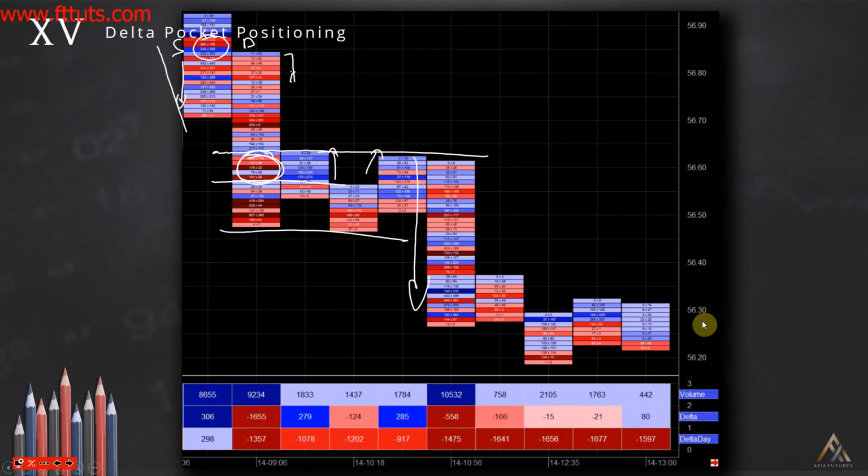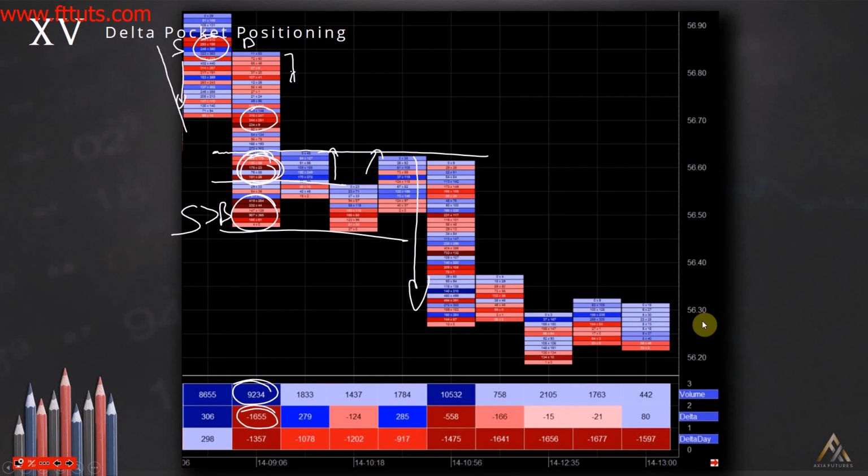Now, very interesting, just note in terms of delta and volume, with the pocket positioning and this type of initiative, we're always going to see a nice strong relative pickup in volume, and we're also always going to see the delta respond. Why? Because the very definition of delta pocket positioning is that within this zone and this zone and this zone, there is more selling than buying. Okay, that's why it's creating that very red pocket of positioning.